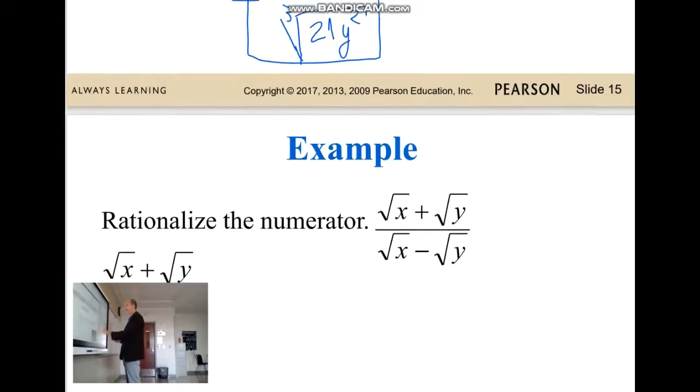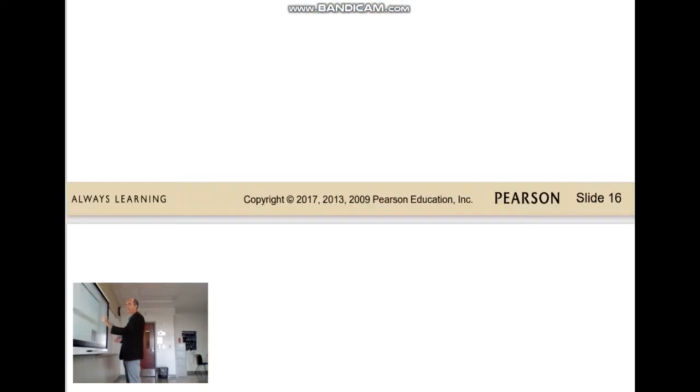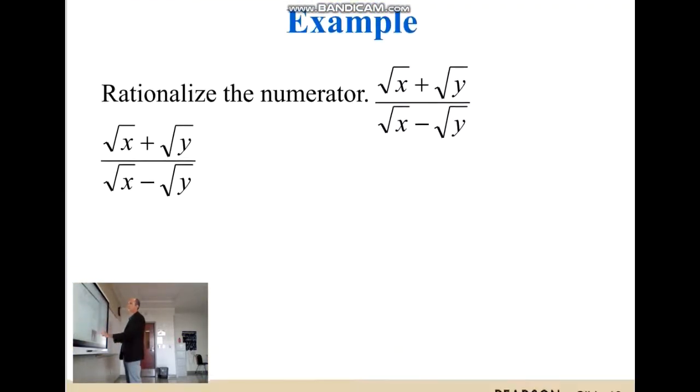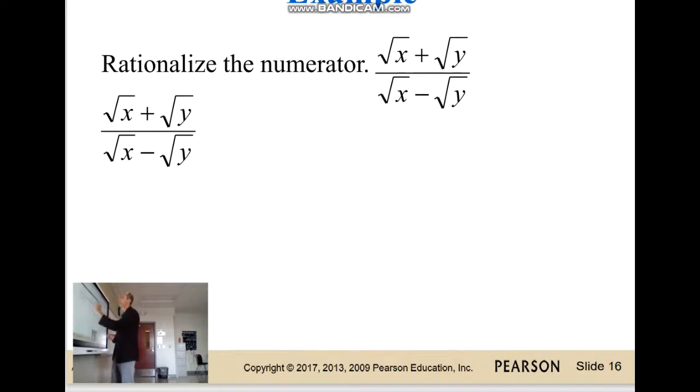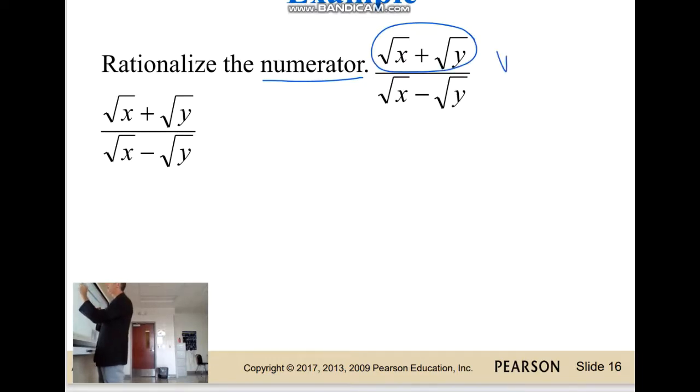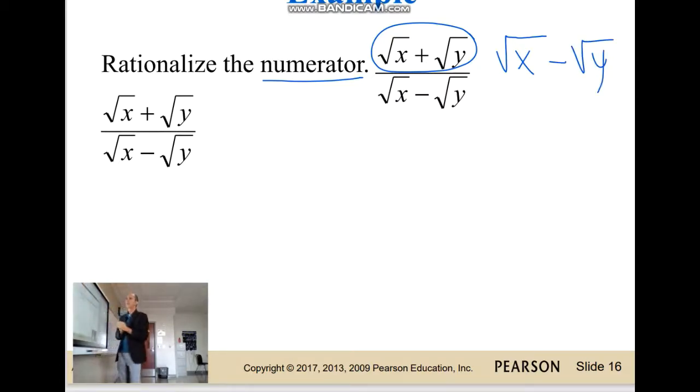Next and final, the last example that we have for today is this: rationalize the numerator, the same thing we've done before with the denominator. Now we have to find the conjugate of the numerator, and the conjugate of this numerator here is going to be square root of x minus the square root of y. This is the conjugate of the numerator.